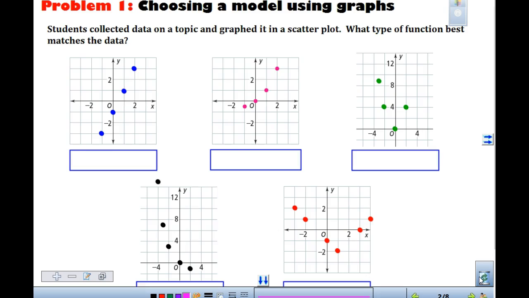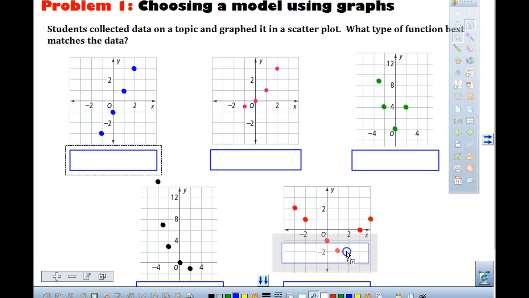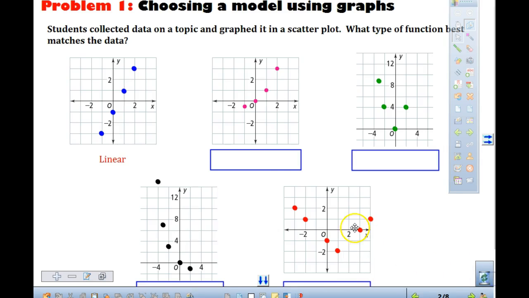So right now what I want you to do, I want you to look at the 5 graphs and write down from the 4 different types up above, linear, exponential, quadratic, or absolute value, put down right below each one what it is. All right, so our first one, definitely linear.